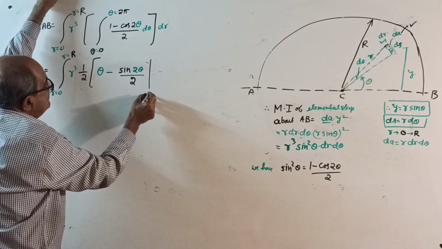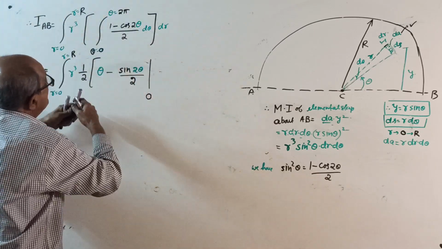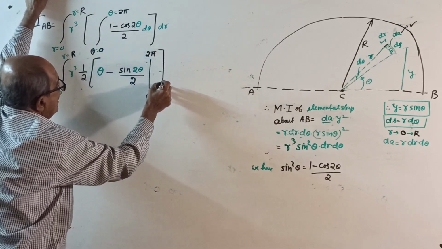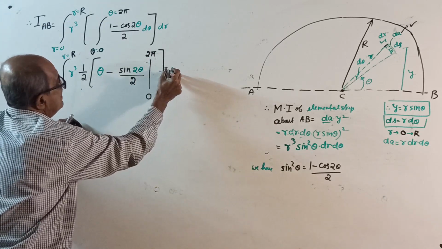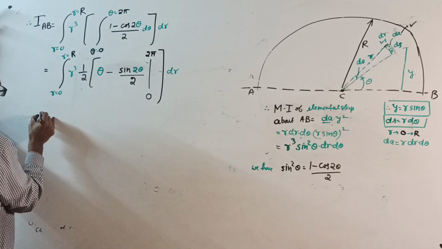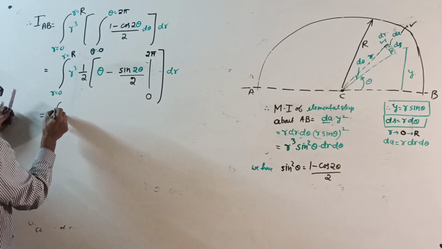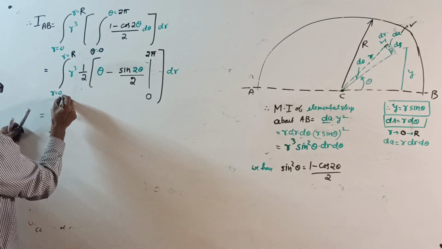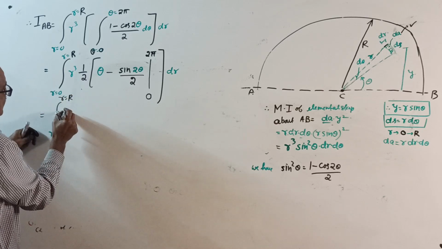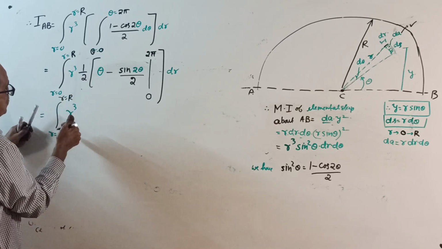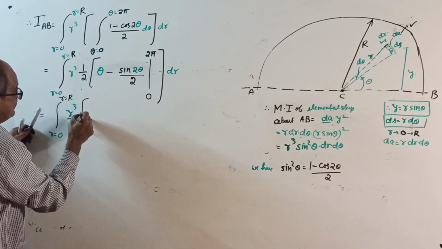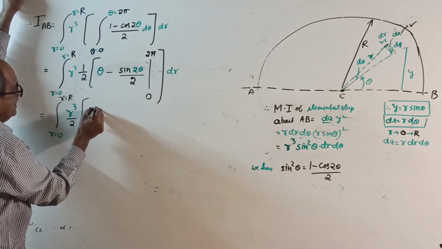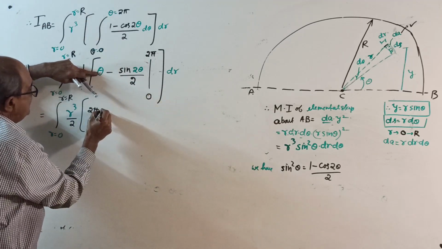The limit is 0 to what? Here the limit is 0 to 2 pi. When you finish that one, outside dr, equal to, see, integration r equal to 0 to r equal to R of r cube by 2 times, put upper limit theta equal 2 pi, 2 pi minus 0.